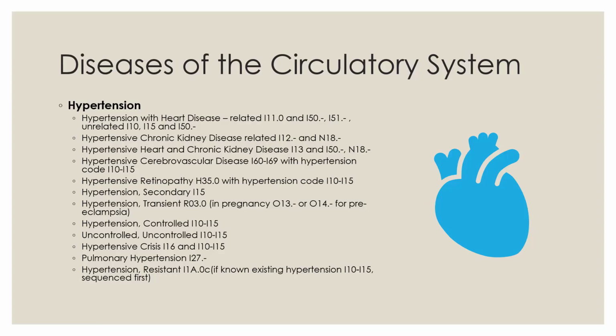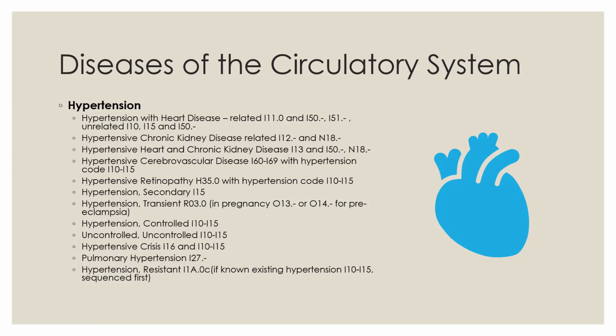Subcategory H35.0 for background retinopathy and retinal vascular changes should be used along with a code from categories I10 through I15 in the hypertensive disease section to include the systemic hypertension. The sequencing is based on the reason for the encounter.